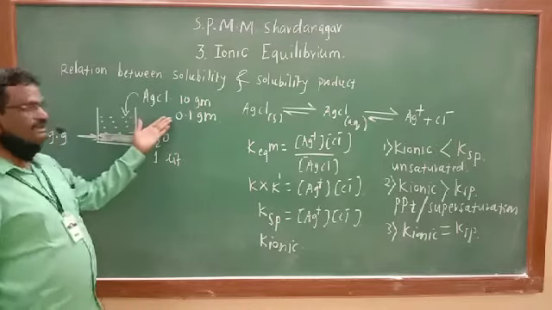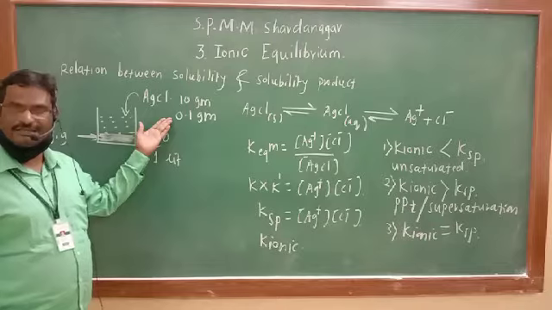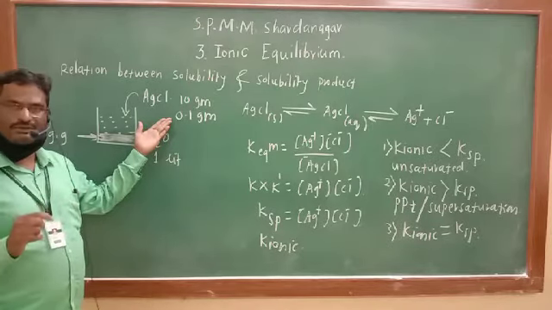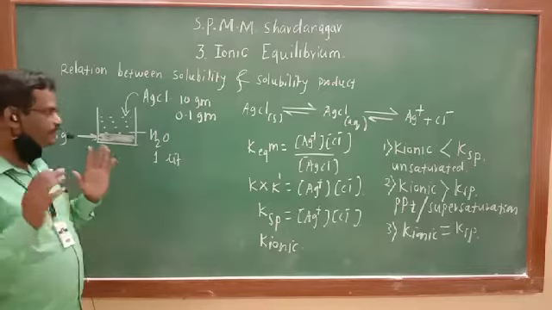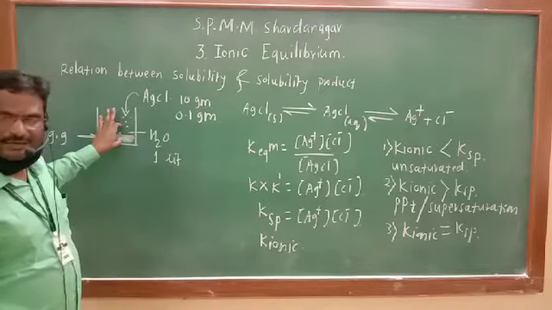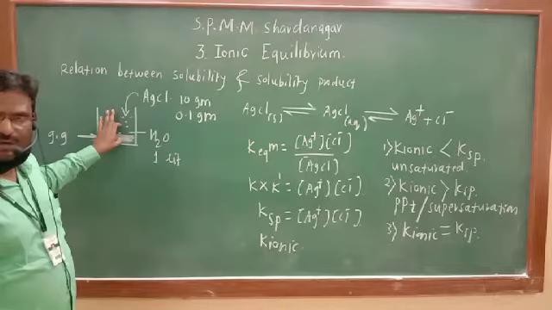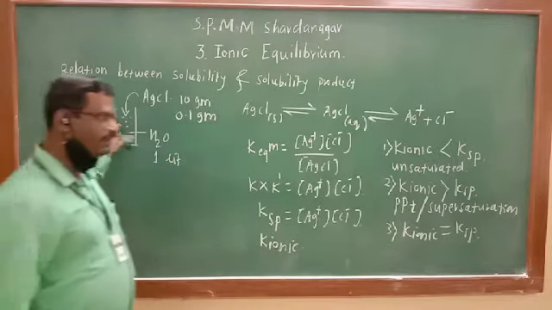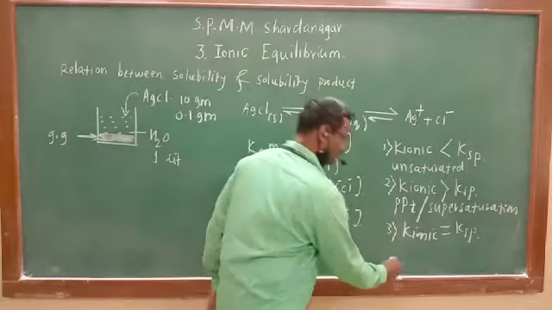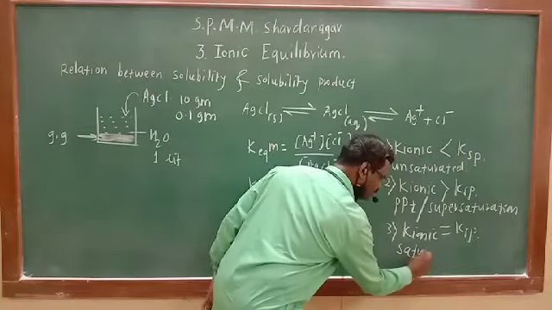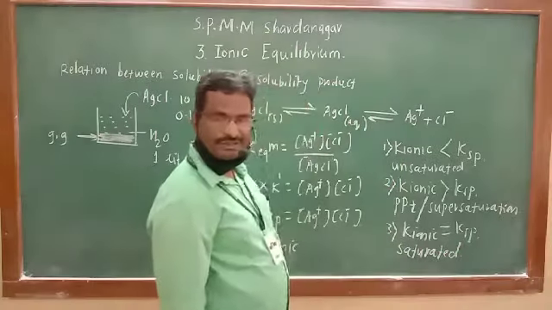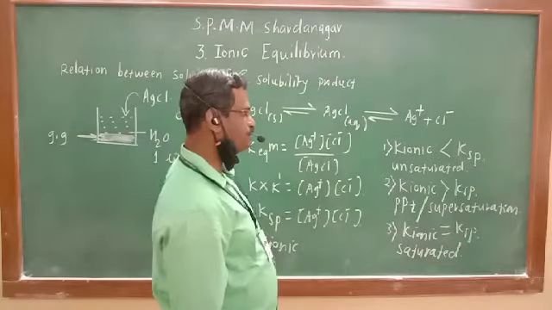Solubility product is nothing but capacity. How much is the capacity? 0.1. How much is the ionic product, solid concentration? 0.1. Means whatever the capacity of that solvent to dissolve the solute, exactly the total capacity is utilized. This type of solution is known as a saturated solution.